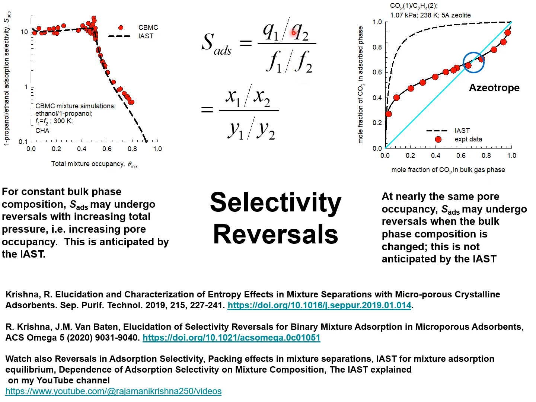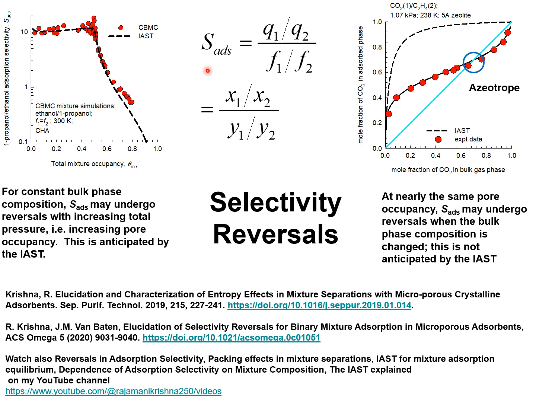The component molar loadings are each proportional to the mole fractions of the components in the adsorbed mixture, X1 and X2, and similarly, the partial fugacities of the components 1 and 2 in the bulk fluid phase are a product of the mole fractions of the components in the bulk fluid mixture times the total fugacity of the bulk fluid phase, f_T.